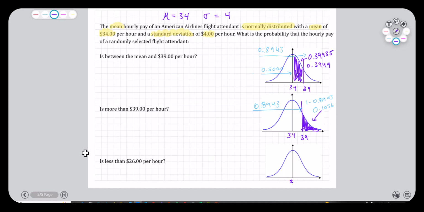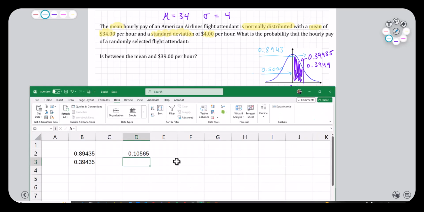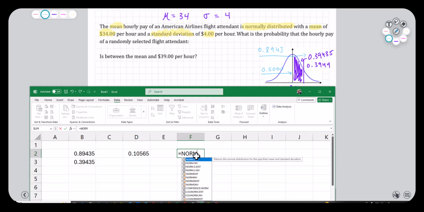All right, now this is asking me for less than 26. Once again, 34 is here, and 26 is just somewhere down here. And now I am looking to find this area, which is less than 26. So once again, I can use Excel and simply use equals NORM.DIST, what we just did.